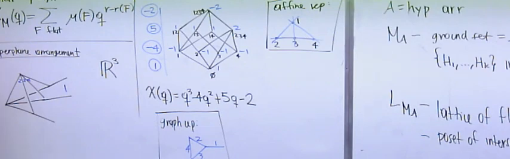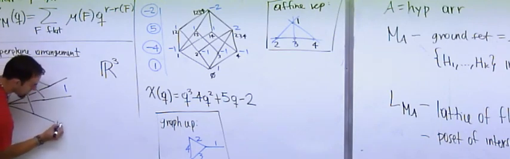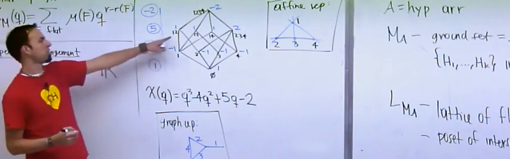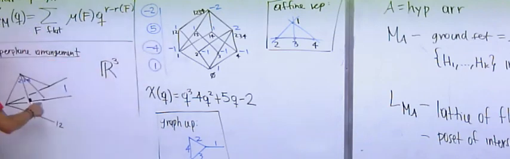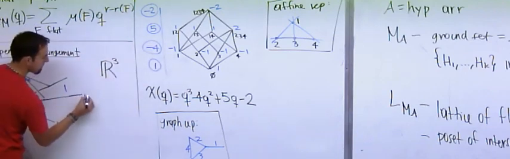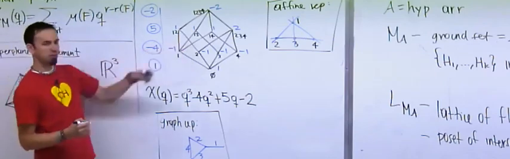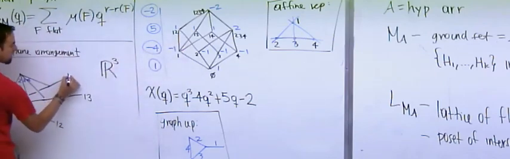So for example, what is the intersection of 1 and 2? Well, here's 1, here's 2, and they intersect on this ray right here, this line. So this right here is the line 1,2, which I should put in my poset. This one is the line 1,3, that I should put on my poset. This one is 1,4.